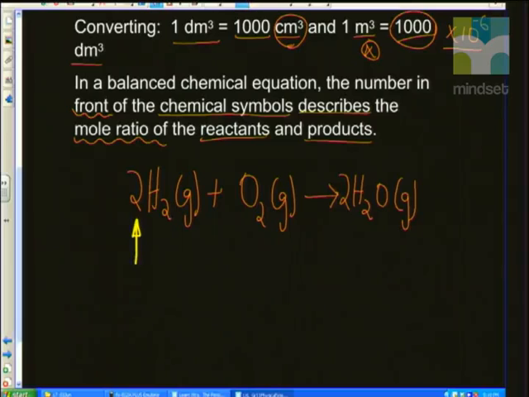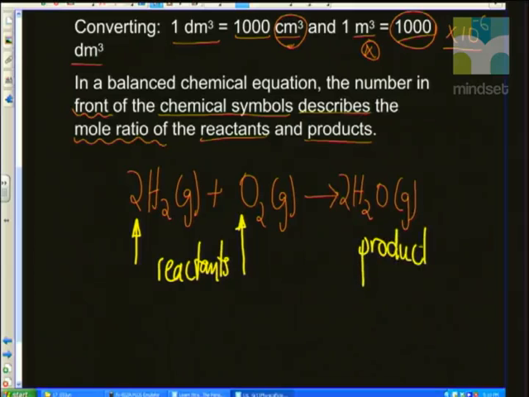What we are talking about is this. These numbers are the ratios in which the reactants here are combining to give us the products here. The ratio of hydrogen, for example, to water, it's always 2 is to 2, therefore it's 1 is to 1.